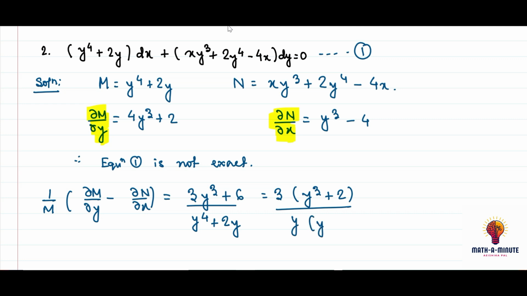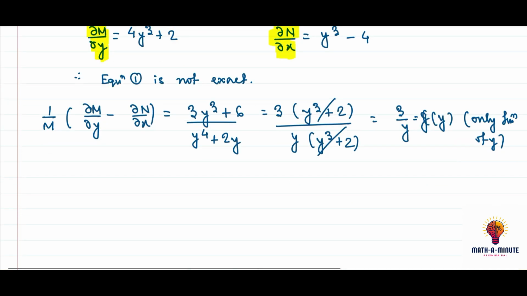Okay, so it is 3 by y. Now I can say it is only a function of y. Now find the integrating factor.